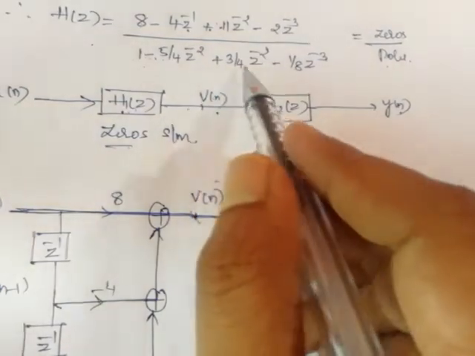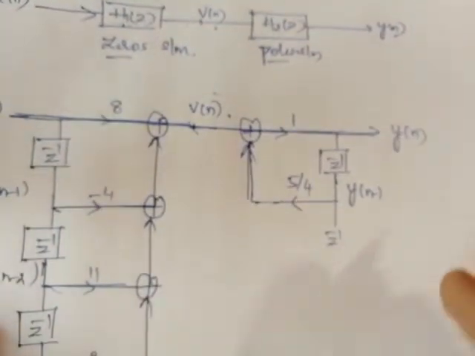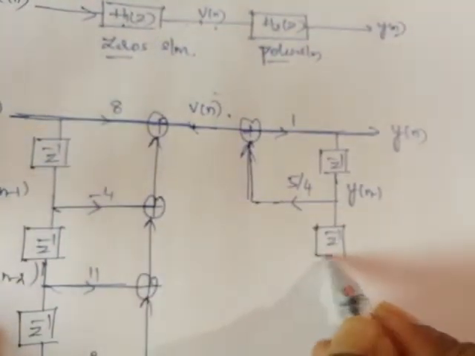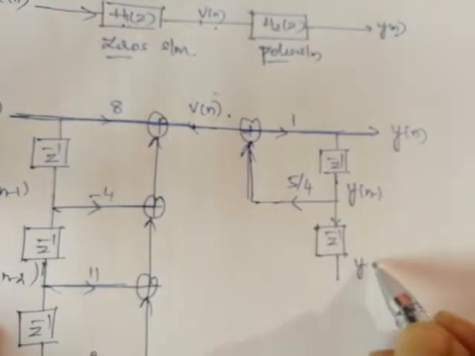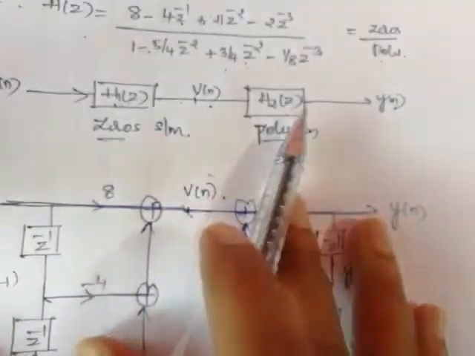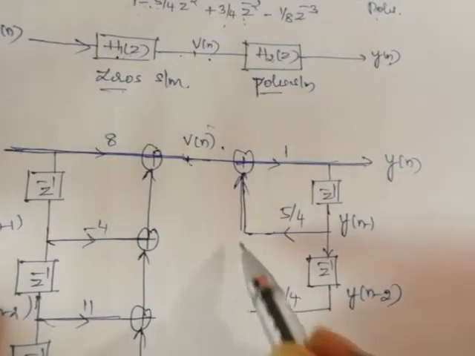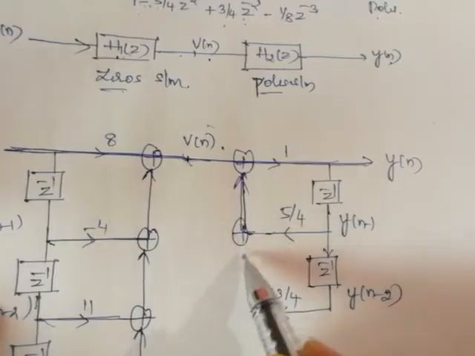Next, the second time delay. So what we get here is y of n minus 2, and the coefficient term is plus 3 by 4, so I'll take the opposite, that is minus 3 by 4, added with the previous result.